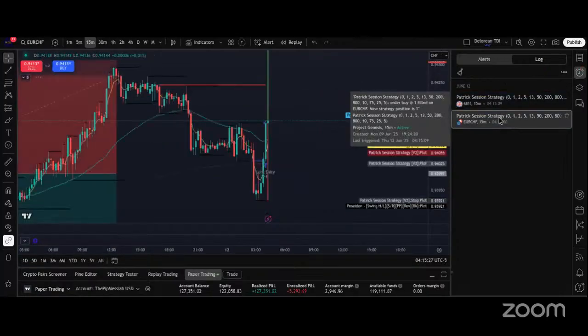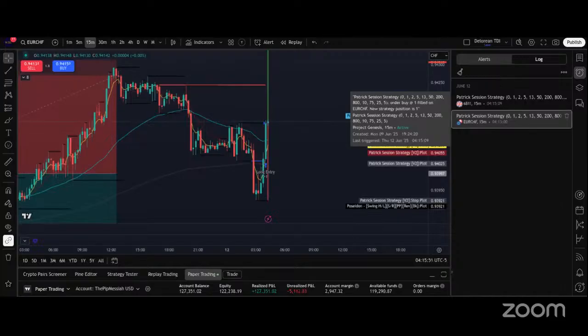We got euro to Swiss franc. I don't like this play. For one, price is below the bottom of the Asian market. Got this weird retracement.